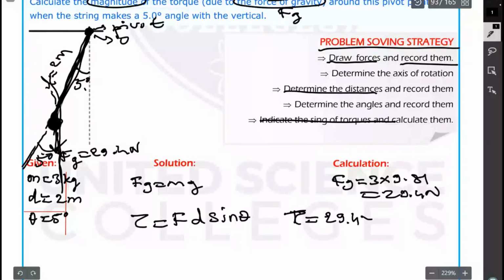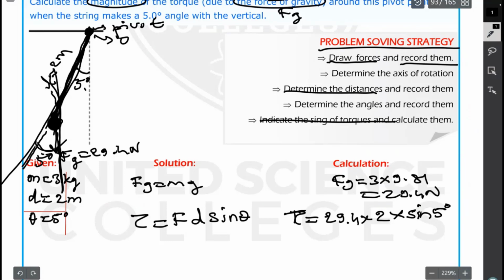29.4, multiplied by the distance from the force application point to the axis of rotation, which is 2 meters, the length of the string, multiplied by sine of the angle between the distance line and force line. It is 5 degrees.